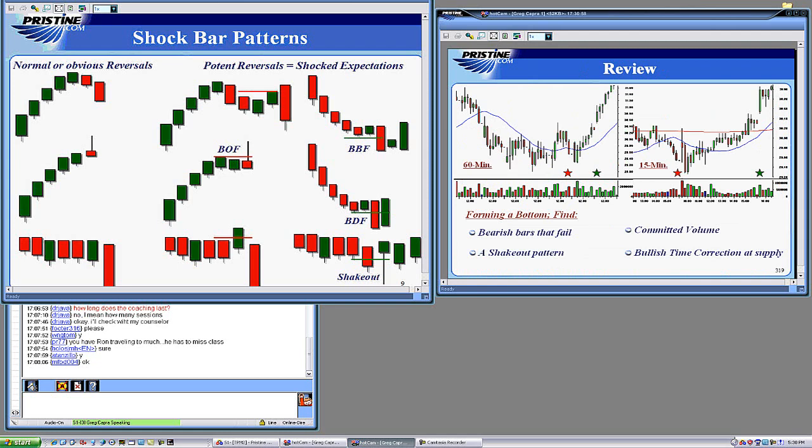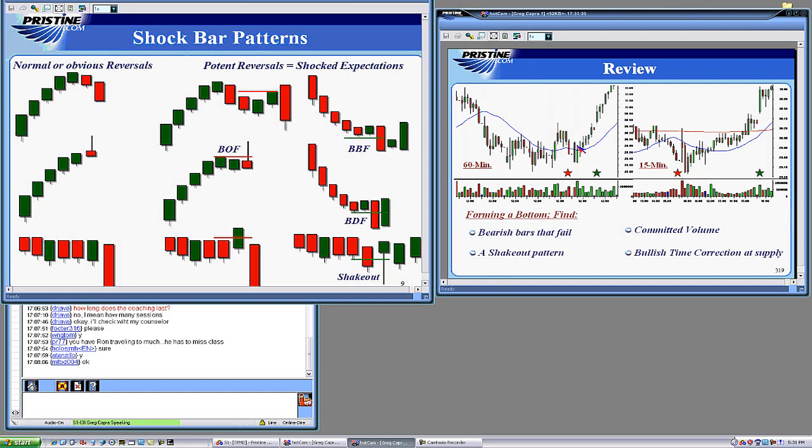When we see an extended decline and we start looking for signs of a bottoming process, we see that attempts to move lower don't follow through. We'll often see large red bars, sell-offs that pop right back up again. We see bottoming tail bars form.